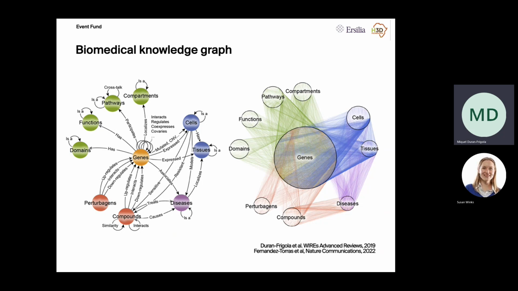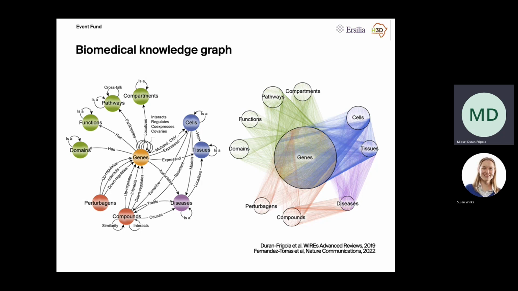And all we have to do now is to go to the public domain, screen a lot of databases and try to find evidence for these types of edges. This is what we do systematically, as you will see now, in computational pipelines, so that we can populate this database.